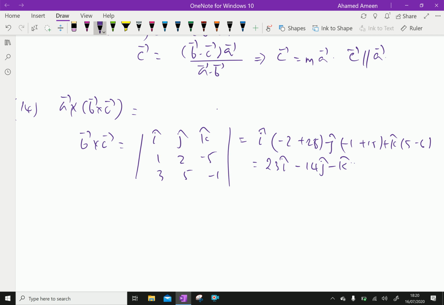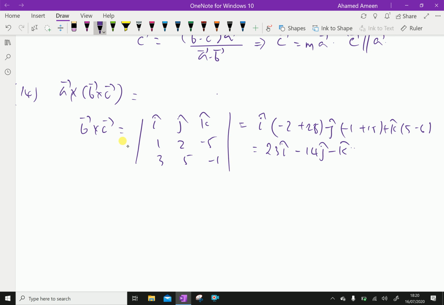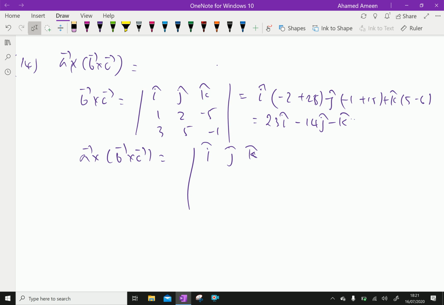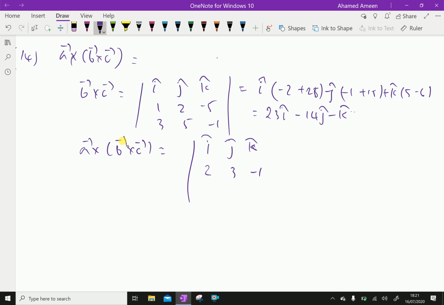Now further A cross (B cross C): we have to do i, j, k, and vector A is 2, 3, minus 1, then 23, minus 14, minus 1.